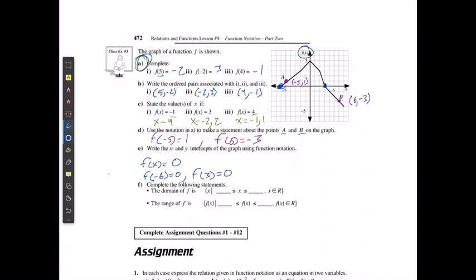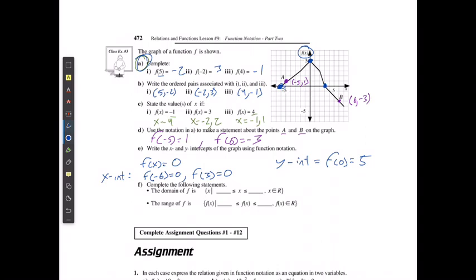And that's going to be my x-intercepts. For my y-intercept, we can see that it's right up on the top here. When x equals 0, then y is equal to 5.